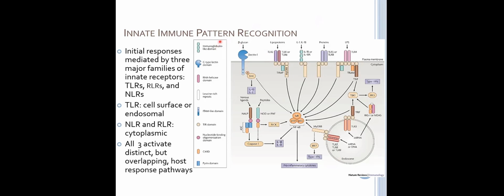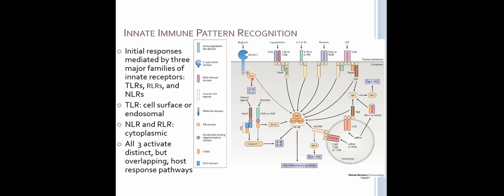And the idea here is that there are these proteins in your immune system, and there's three big classes that we're going to talk about here, which are the TLRs, which stands for toll-like receptors, the NLRs, which stands for NOD-like receptors, and the RLRs, which stands for RIG-I-like receptors. And their purpose is to recognize molecular patterns that are present in foreign pathogens, but not in your normal cells.